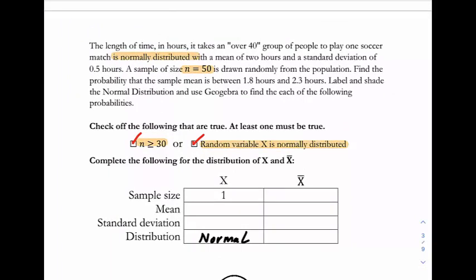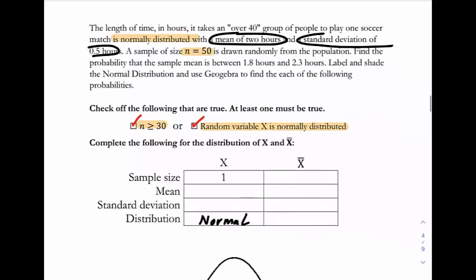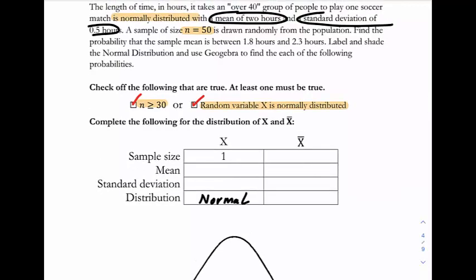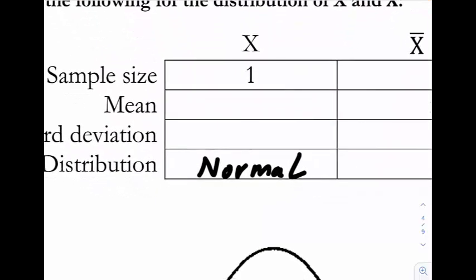It says the length of time it takes for the over 40 group to play soccer is normally distributed with a mean of 2 hours and a population standard deviation of 0.5 hours. That will complete that part before we take the sample for random variable x. So again, for that group, the mean is 2 hours and the standard deviation is 0.5 hours.